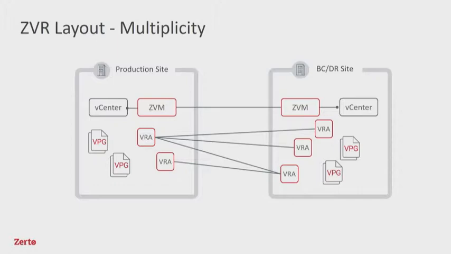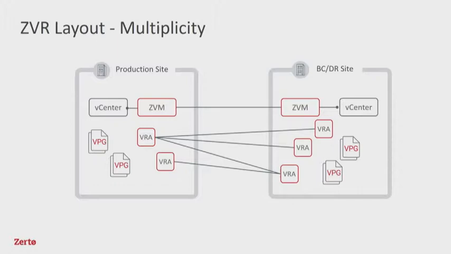By the way, do take into account that there really isn't a production side and a DR side. Yes, we do have a production side and a DR side, but that is correct per protection group. It is not correct entirely. You can have production loads on the left side and production loads on the right side, and both sides can recover according to your configuration, right?